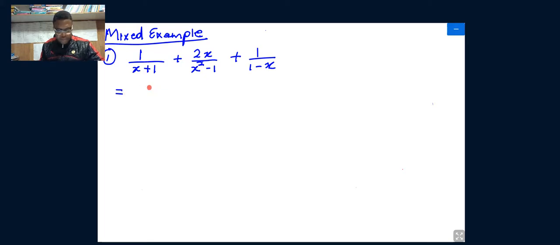We have 1 over x plus 1 plus 2x over, we need to factorize this.